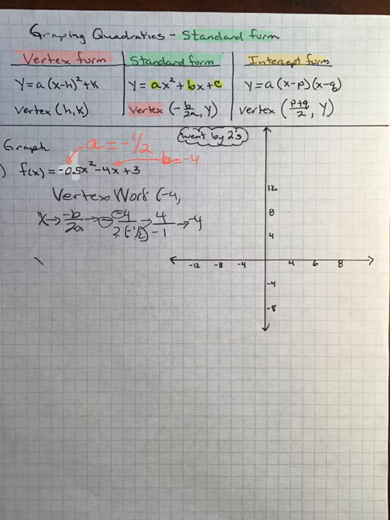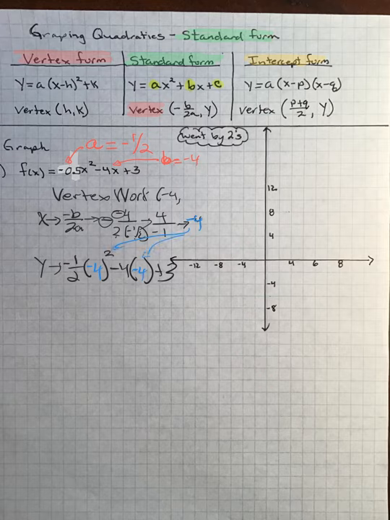Now we have to plug -4 into the x. We're going to plug in -4 wherever we saw the x. And again, I'm not going to use the decimal, I'm going to go back to the fraction. So we had -1/2 times x squared minus 4 times x plus 3, and we're plugging in -4 for the x values.